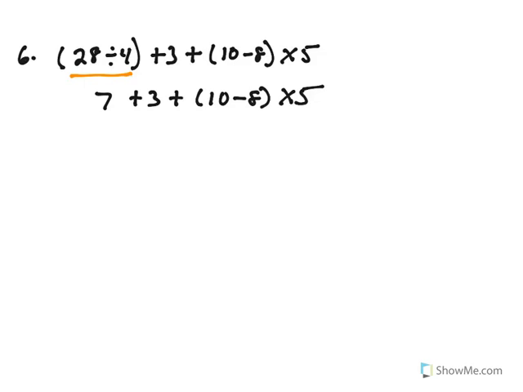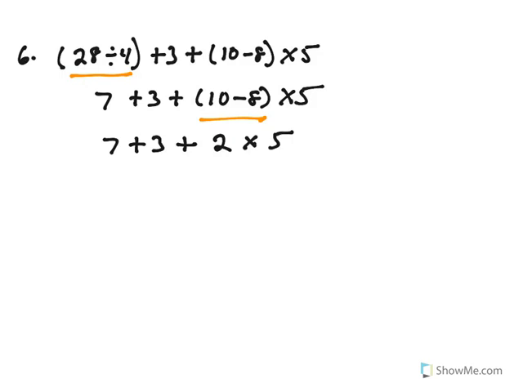And now we read it from left to right. Are there any more parentheses? There actually are, which is 10 minus 8. Everything else is going to stay the same. And then 10 minus 8 is 2, so you drop the parentheses, and then it's just plus 2 times 5.